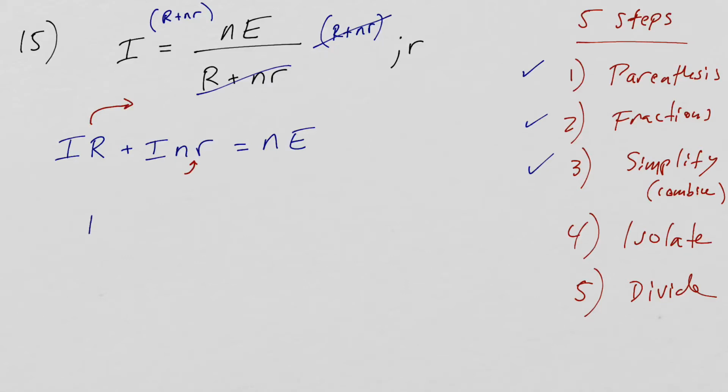Remember, when you move a term across the equals, it flips signs because of addition or subtraction. So we'll get NE minus IR on this side. So that's the isolation. Now we're going to divide. We're after this R, so we're going to divide out the things in this term that we don't want. So the I and the N.